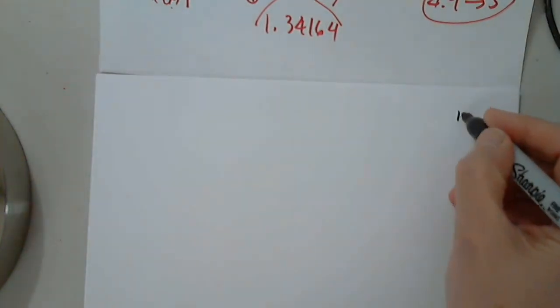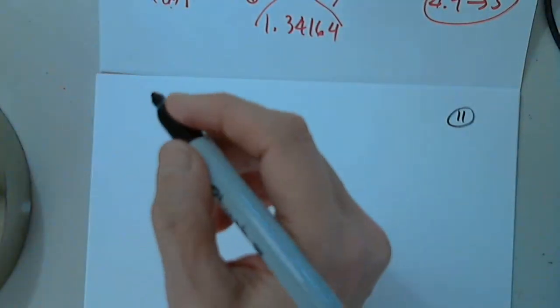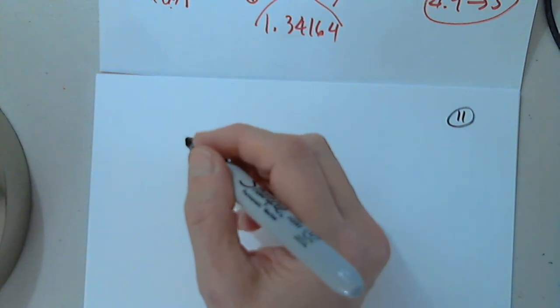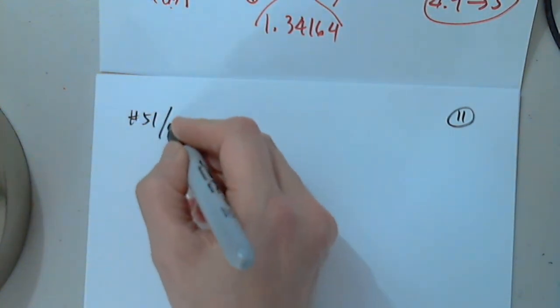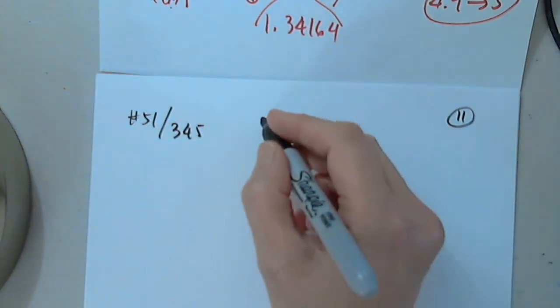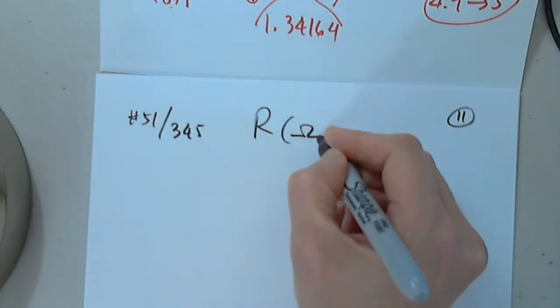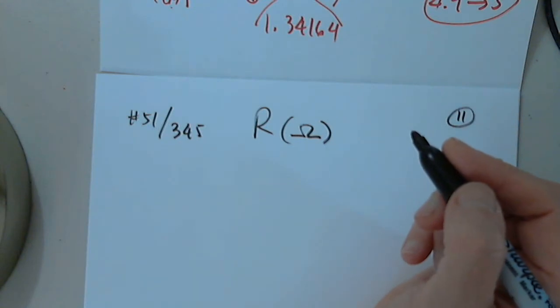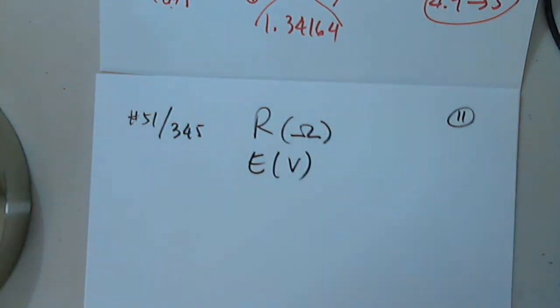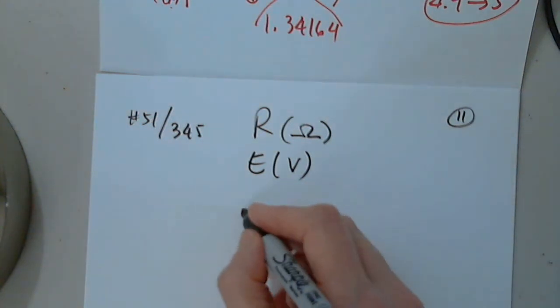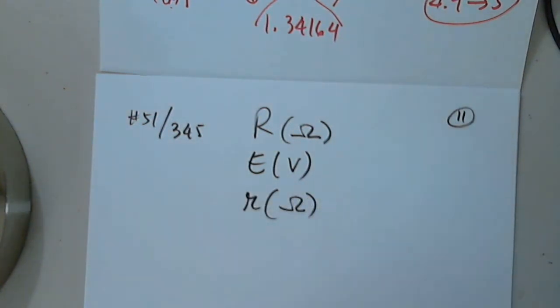So here it is, one in which the function is given. So maybe we can finish it. We're given, if a resistor, so this is 51 on 345. So R is measured in ohms, is connected across a battery of E volts, with internal resistance of r, also in ohms.